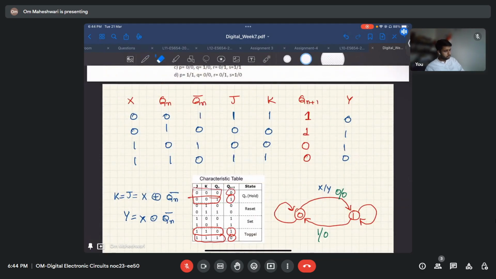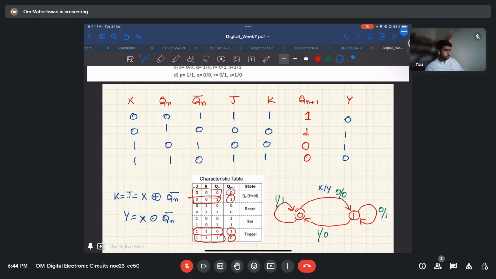1 to 1. We have x is 0, y is 1. So 0, 1. And 0 to 0, 1 1. We have 1 1.